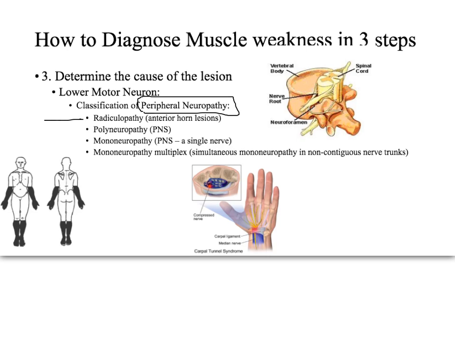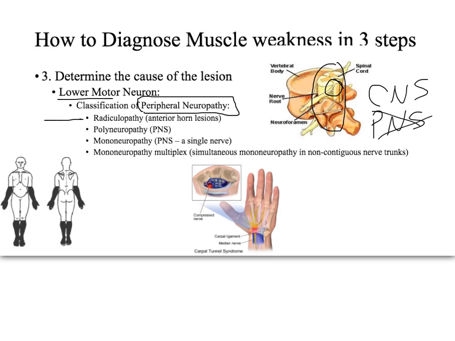So any lesion in the anterior horn of the spinal cord will act as a radiculopathy. And you know from anatomy that the spinal cord itself with the brain is considered the central nervous system, not the peripheral nervous system. But these are still called peripheral neuropathies because they deal with lower motor neurons.